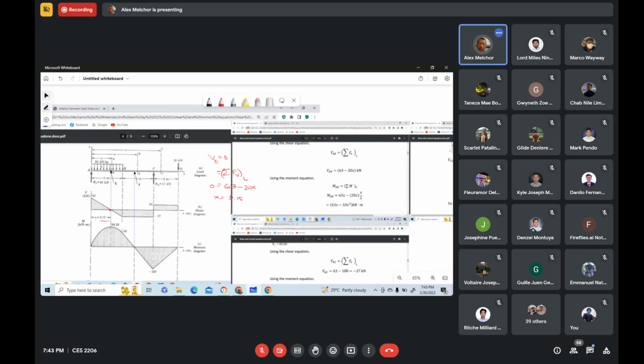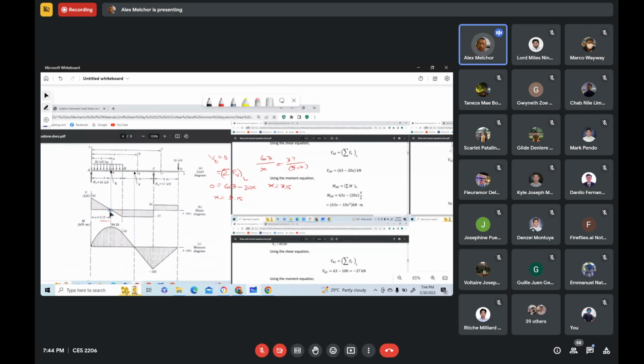The same as when we use the ratio and the proportion, which is 63 over x is equal to 37 over 5 minus x. We can get the value of x, which is also 3.15. So that is another way of determining the location of zero shear. So we label that section E.